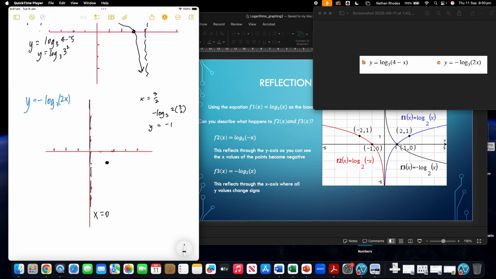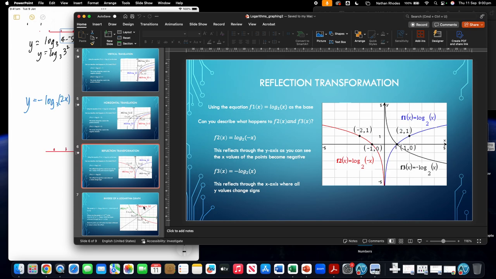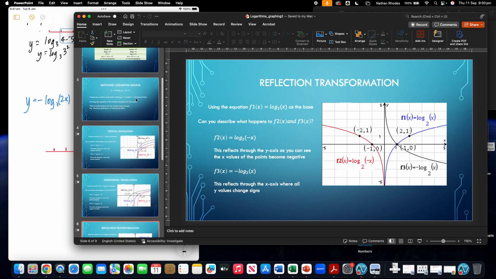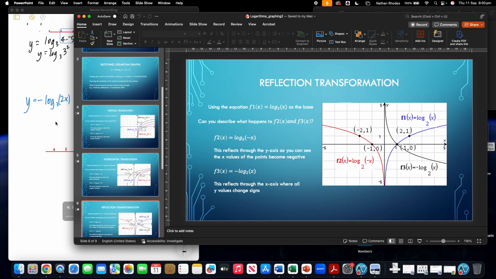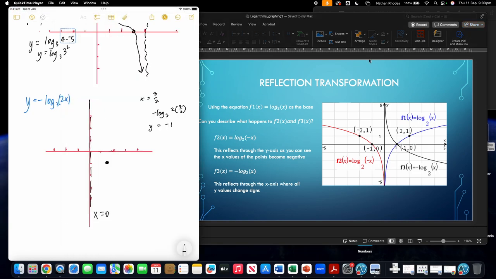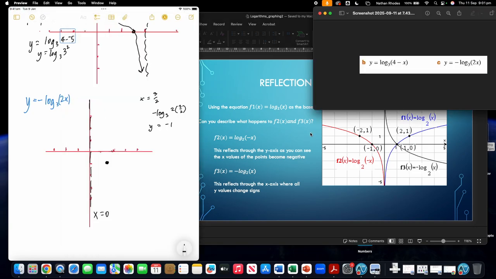You can have a look at this information about dilations, but what we already know is that it's reflected. So again, we can go, when y equals 0, solve for x.